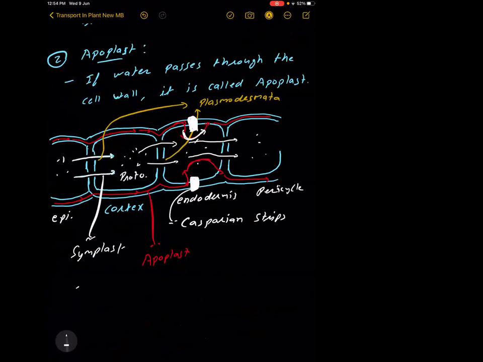Sir, are you going to send these notes in the group? Which part? Today's notes, sir. No, I will not share any notes in the group or personally. So don't ask me to send this message or a PDF or all that, because the office is very strict that you should attend the class regularly.